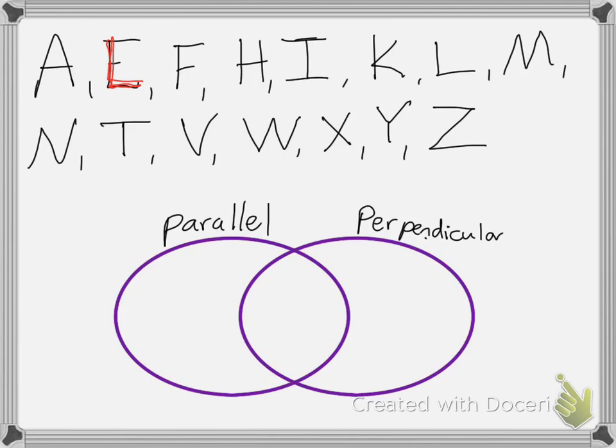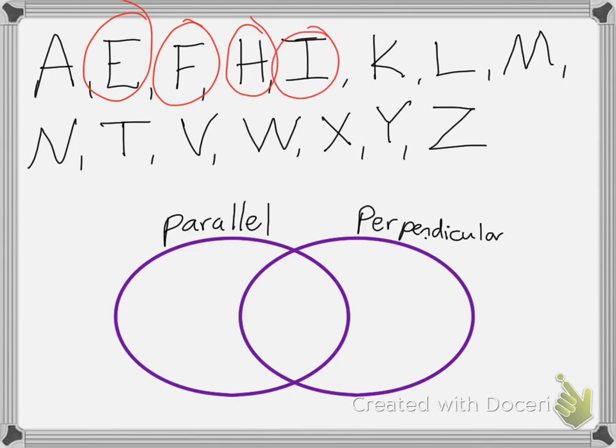So we know that E has a perpendicular line segment. So does F. H does. Okay, so the lines meet each other perpendicularly. I does. K does not, but L does, T, and that's it. Those are all the letters that have perpendicular line segments.